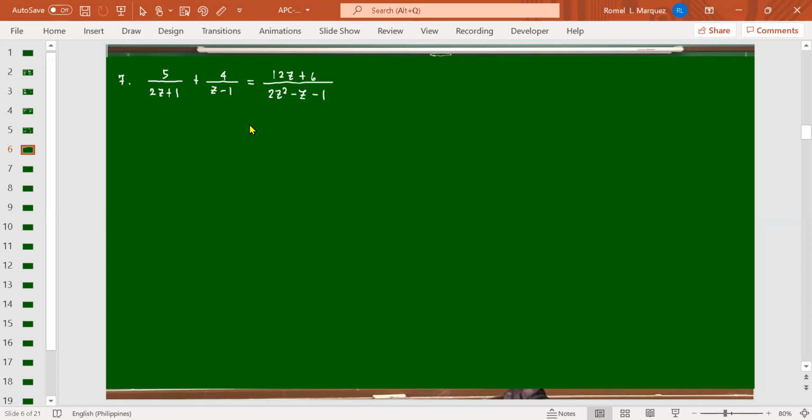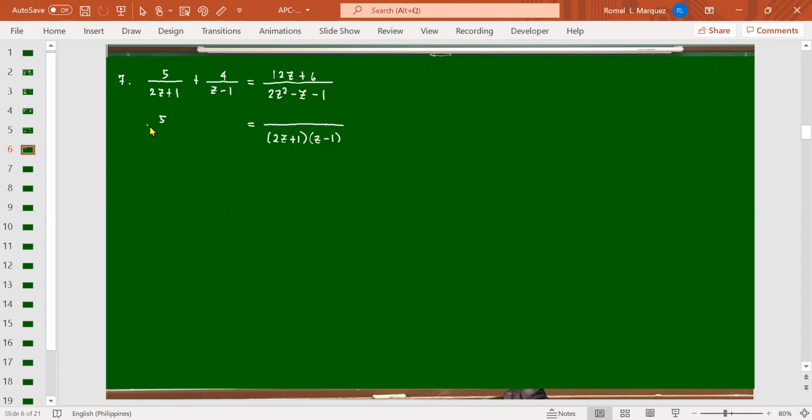So first, let's factor the denominator of the right side. What is the factored form of that? We have 2z plus 1, z minus 1. Let's check. 2z squared, okay, plus z minus 2z, that's negative z, then negative 1.